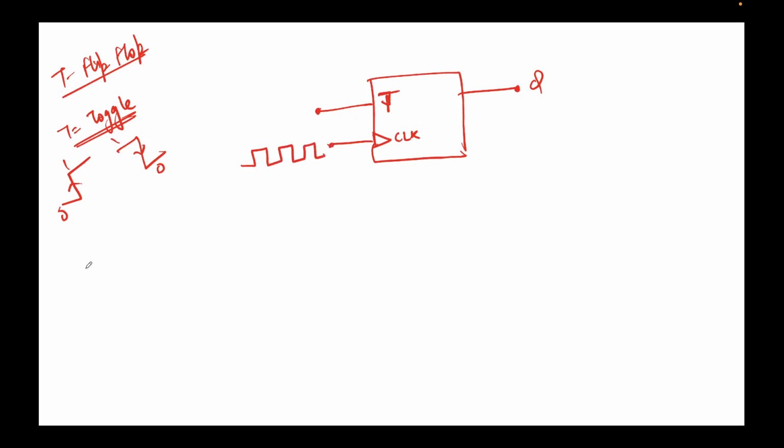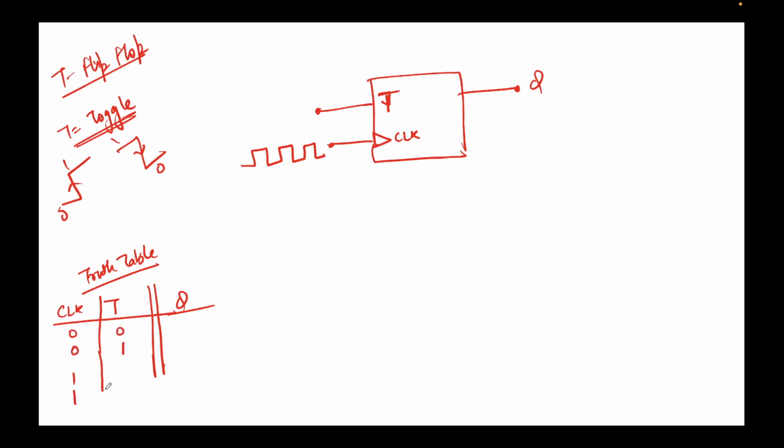What I'll do again, I'll write the truth table. As you know, a truth table is a combination of all possible inputs. So this is the clock first of all, and then there is T, and the output would be Q. When the clock is 0, toggle can be 0 or 1, and when the clock is high, again the toggle can be 0 or 1.